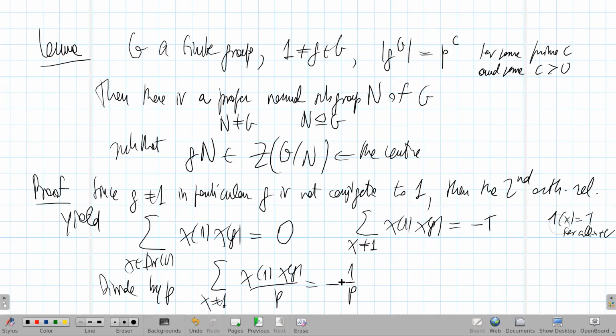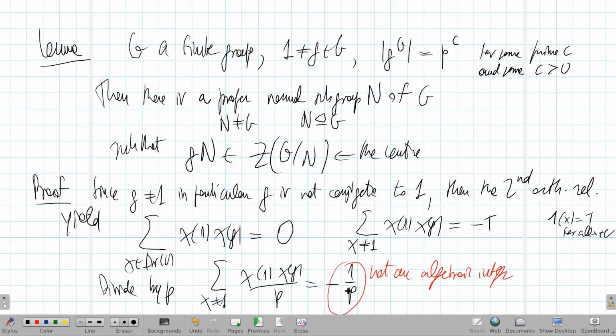Now the point is, this is a prime. So this is not an algebraic integer, because it's a rational number, and the only rational numbers which are algebraic integers are the integers. And this, of course, is not an integer.